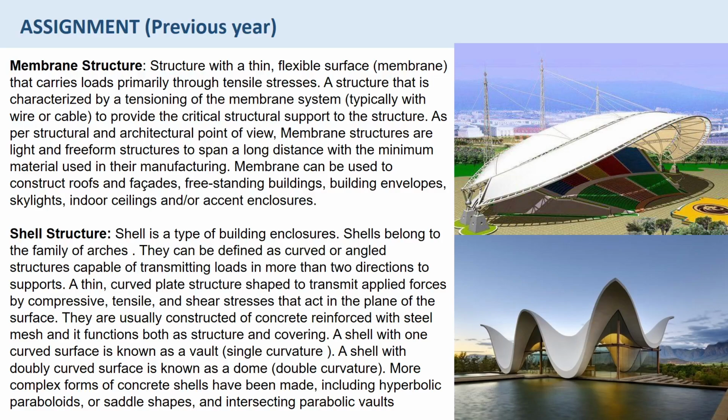They are usually constructed of concrete reinforced with steel mesh, and function both as structure and covering. A shell with one curved surface is known as a vault, single curvature. A shell with a doubly curved surface is known as a dome, double curvature. More complex forms of concrete shells have been made, including hyperbolic paraboloids, saddle shapes, and intersecting parabolic vaults.